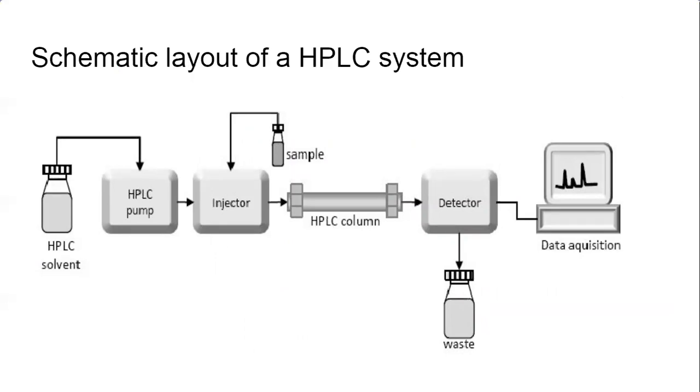In column chromatography the mobile phase is also liquid, but there we use a column that is packed with a large particle size of stationary phase. Here our column is packed with finely divided stationary phase, and the particle size should be around 3 to 10 micrometers.